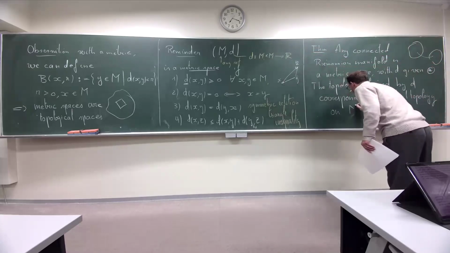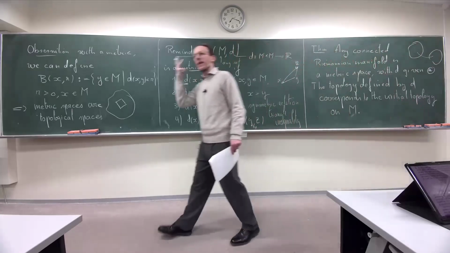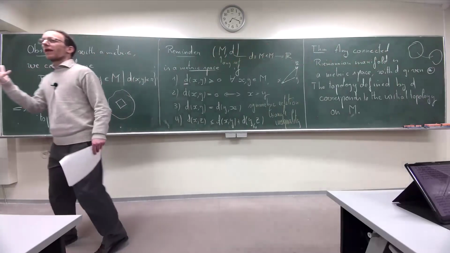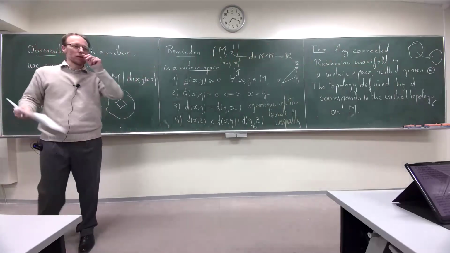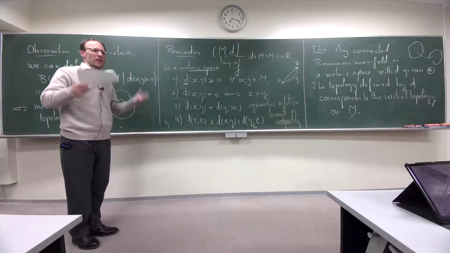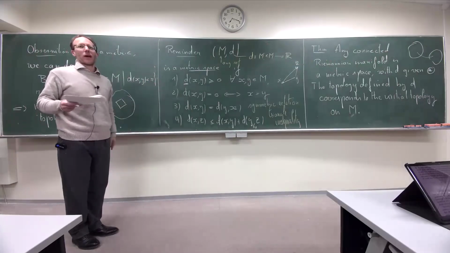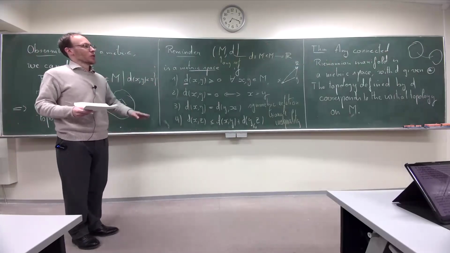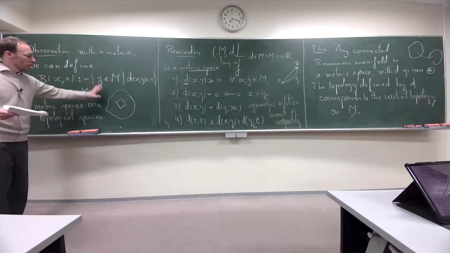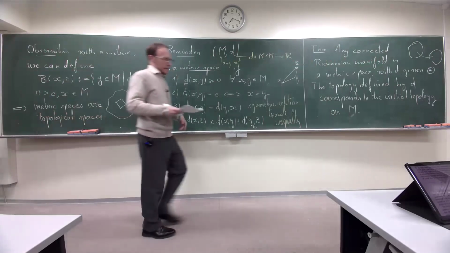If this wouldn't be true, we would be a little bit annoyed because we would have an initial topology, and suddenly for Riemannian manifolds, we would have a second one. And if they do not coincide, you would have to specify which one you talk about. But no, the topology given by these balls corresponds to the initial topology.